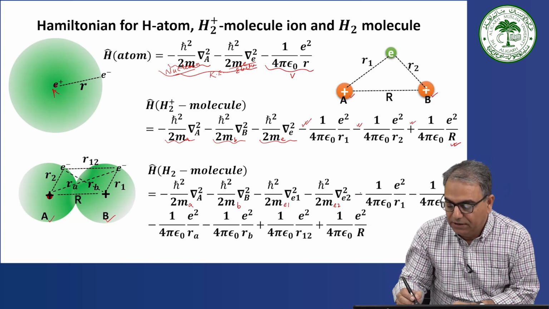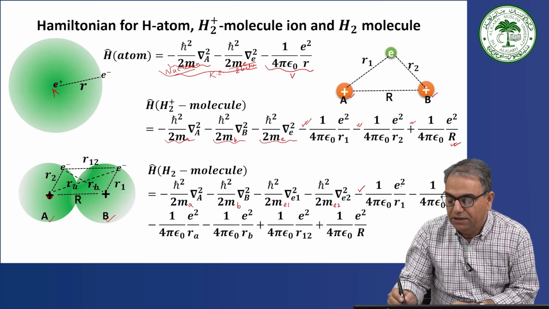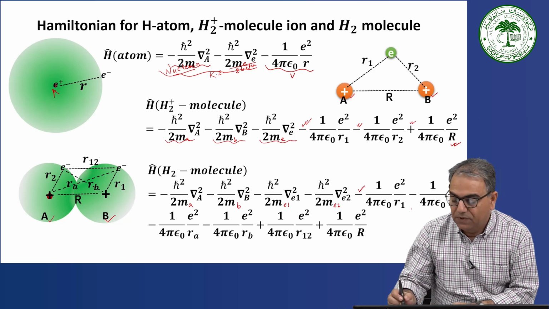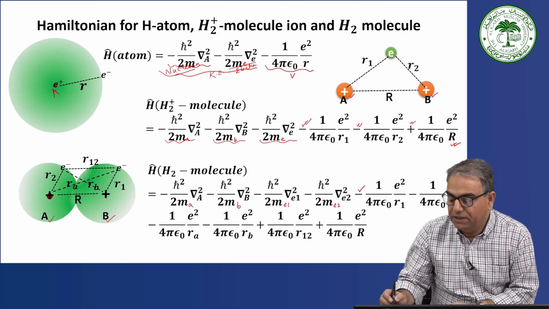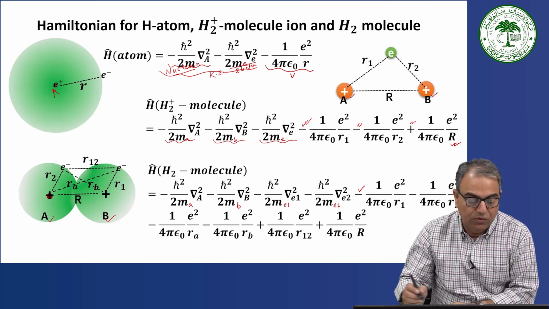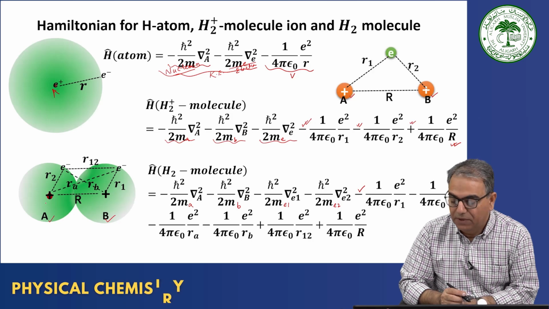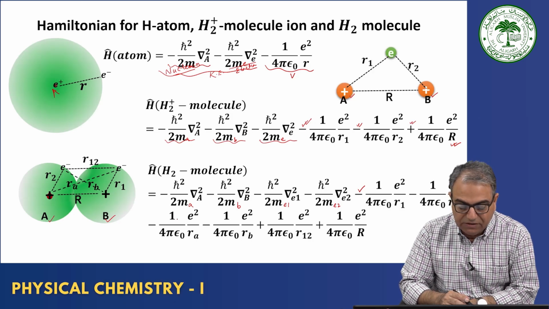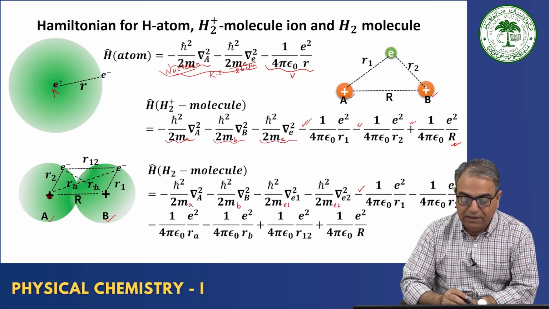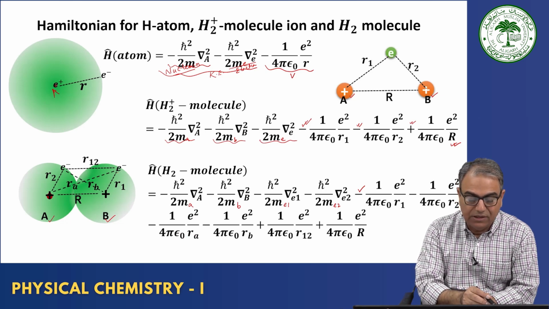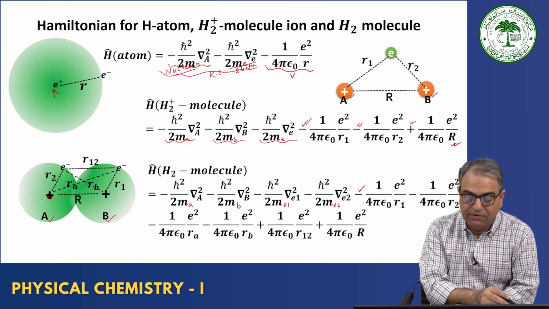Now let's see. This is a negative sign, so an attractive term: minus 1 by 4 pi epsilon naught e square by r1, where r1 is this one. Then minus 1 by 4 pi epsilon naught e square by r2, r2 is this one. Then minus 1 by 4 pi epsilon naught e square by rA, the second electron attracted by the first nucleus.